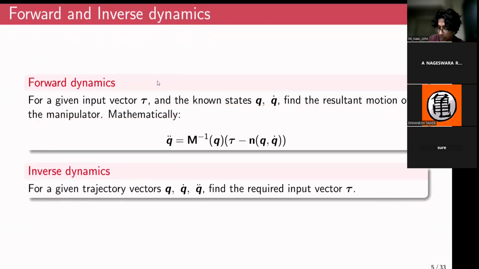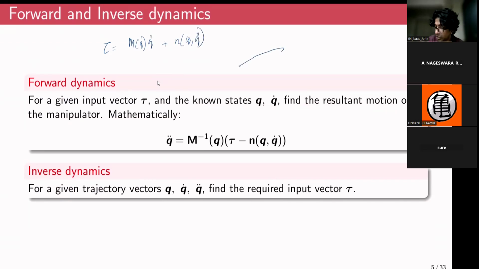As I was saying, we can represent the equation of motion something like this: tau equals M of q times q double dot plus N of q, q dot. This would be the general form of the equation.